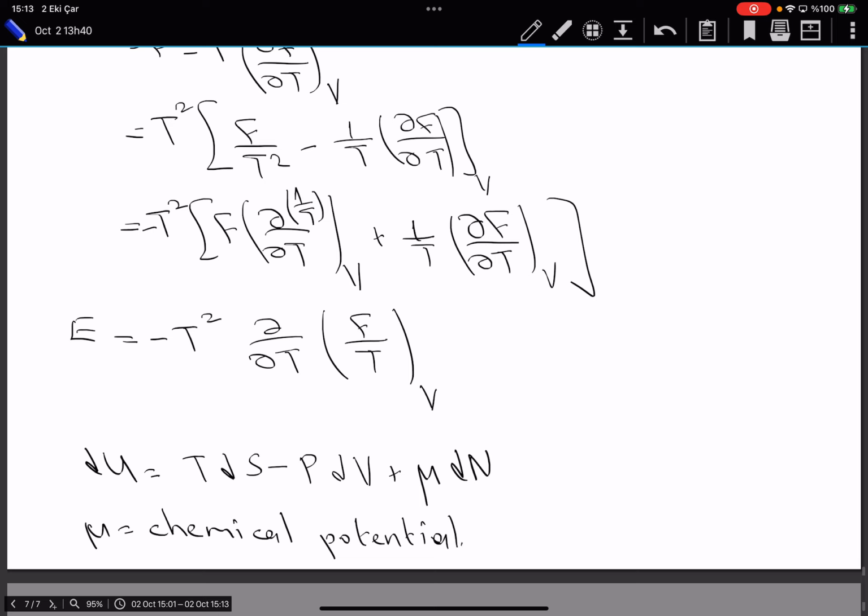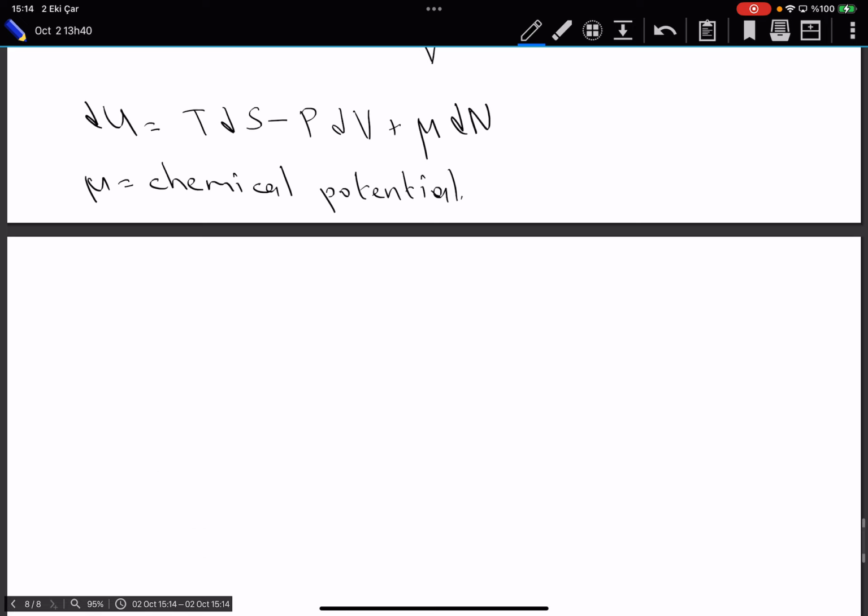Well, number is easier to measure than the chemical potential, but theoretically we will see that especially when we are looking at fermions and bosons, it's easier to deal with the chemical potential than the total number. And of course, just as we did before, you can say that the chemical potential is dU by dN, assuming S and V to be constant.